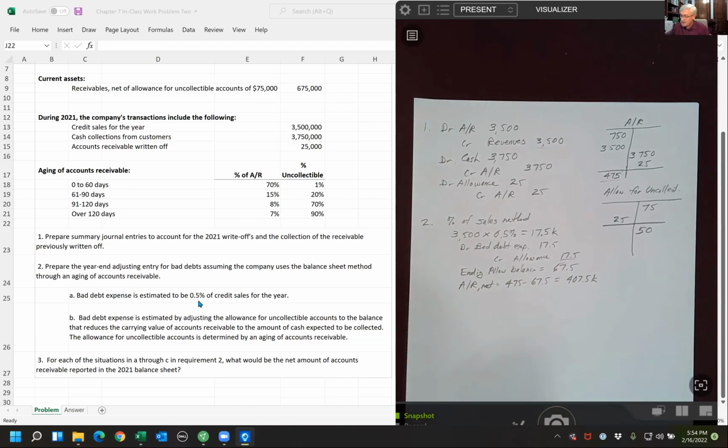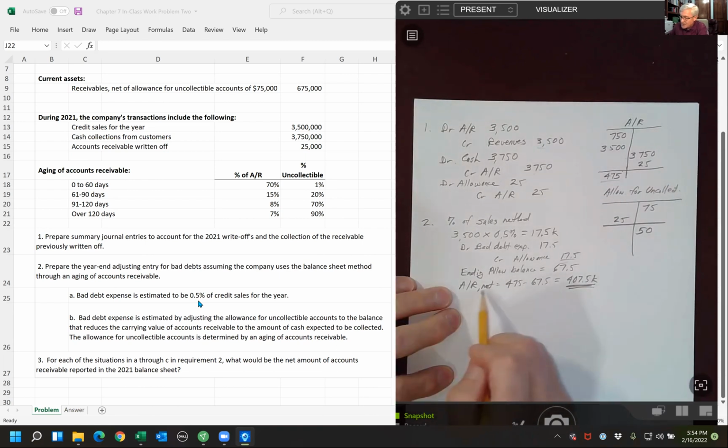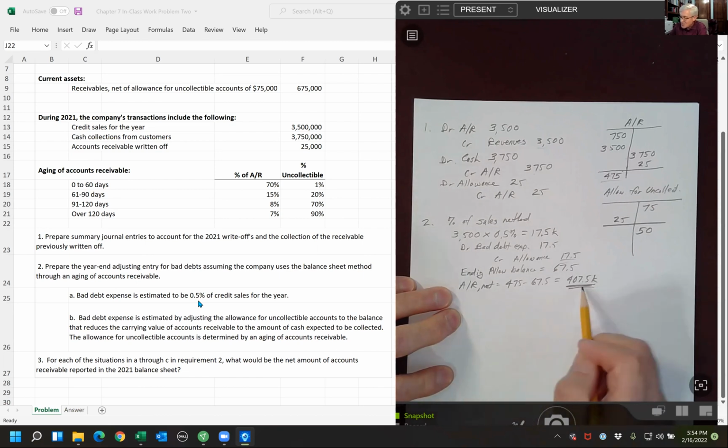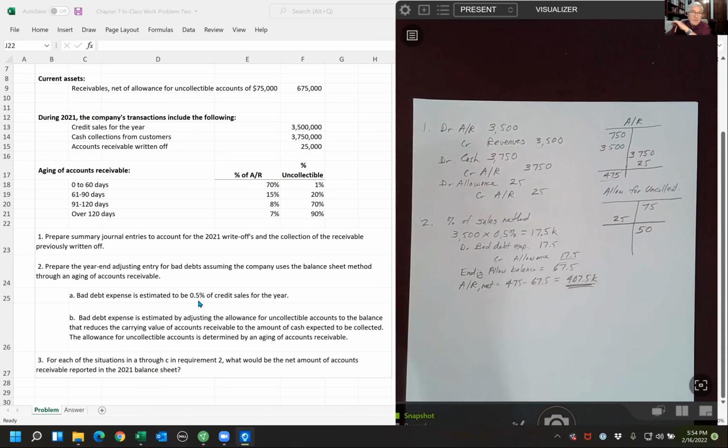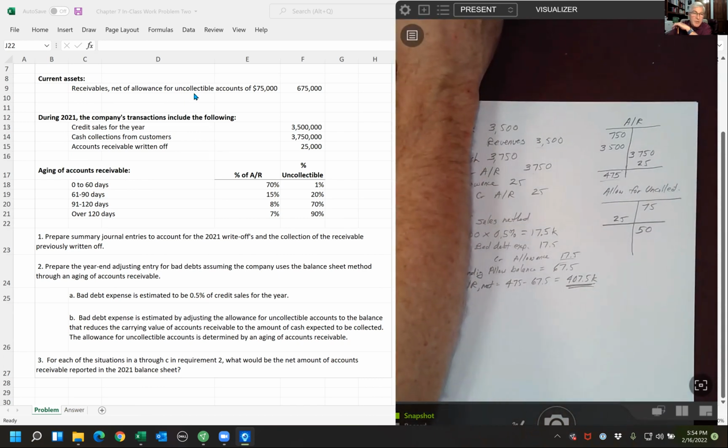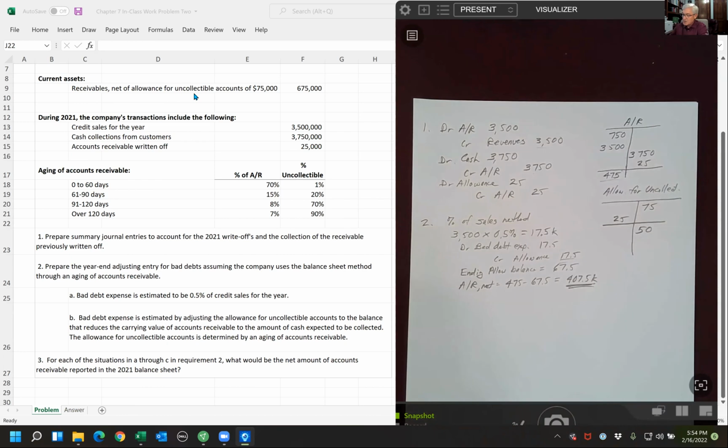I'll check my math again. But again, I'm answering number 3 already, which asked me for what would be on the balance sheet. So 475, 407.5. So our balance sheet would say accounts receivable net of 67,500 in the allowance equals 407.5. Really kind of like this was what we said in 2020. This is what will be there for 2021.